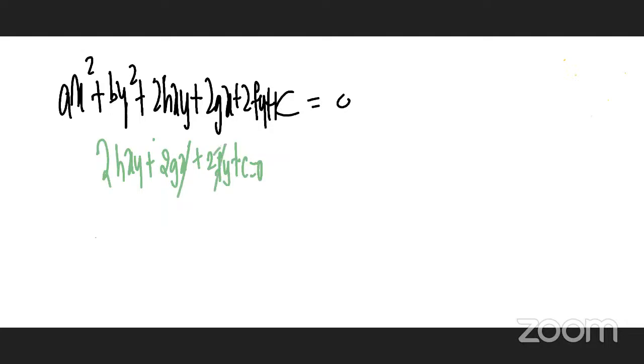Then I have to shift the origin to minus f comma h comma g comma h. So I have to shift the origin to this one.